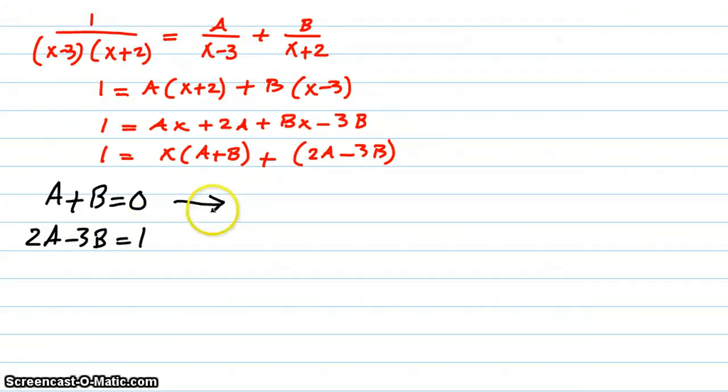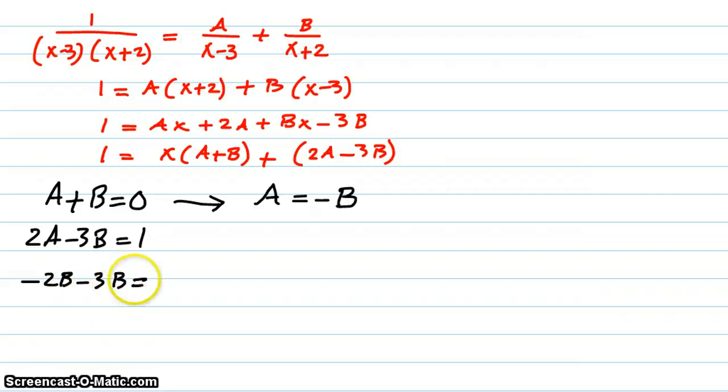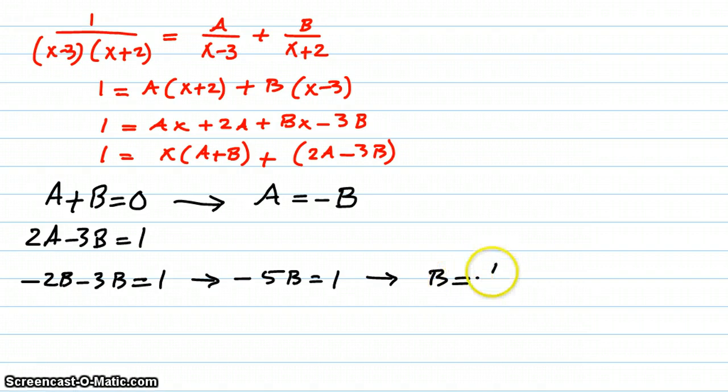The top equation here can be used to write A equals negative B, and if you substitute here, you'll get negative 2B minus 3B equals 1, and that's negative 5B equals 1, and that basically gives you B equals negative 1/5. Therefore, A must be equal to 1/5.